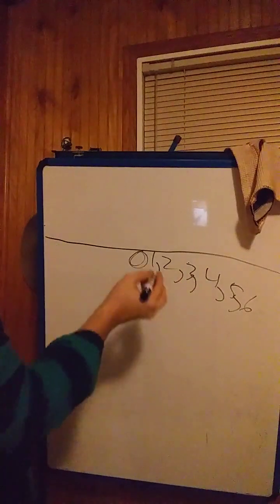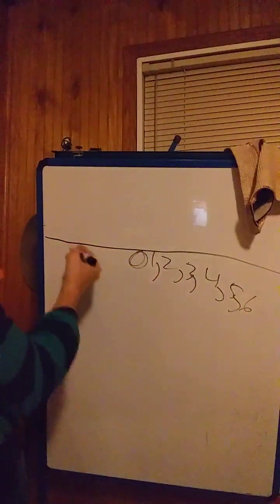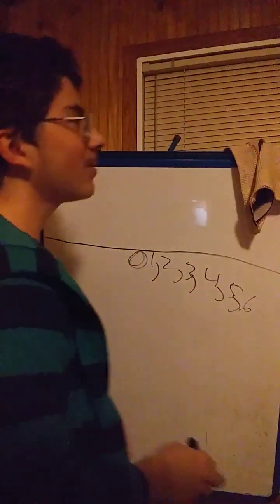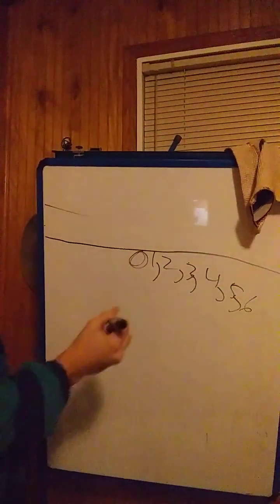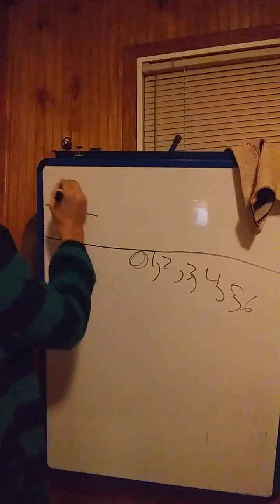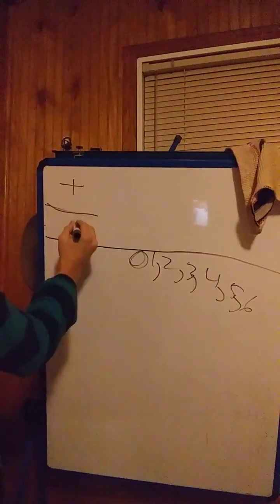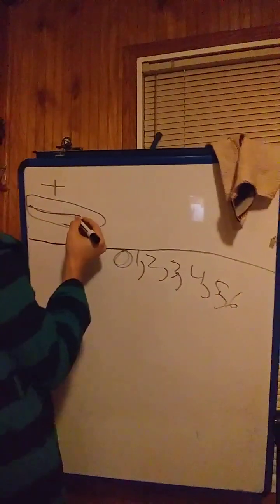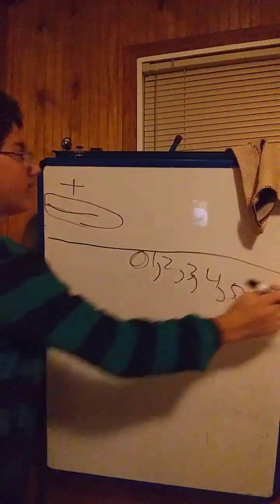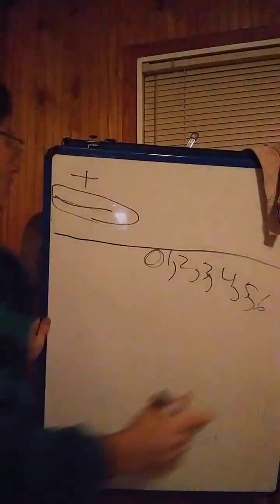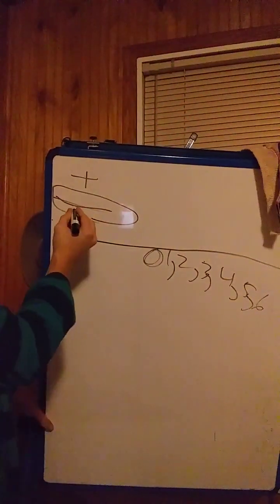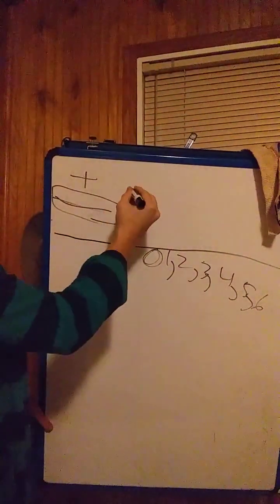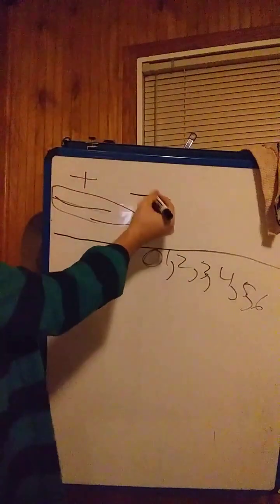Then what's going to go on the left? Well, that's where this comes in here. We have this and this, but let's look more specifically at this sign right here. So, as you can see, this is a negative sign here. I'll draw it again. So this is a negative sign.